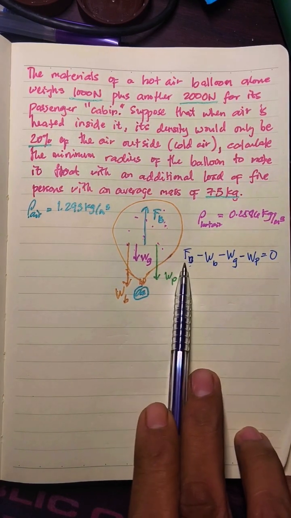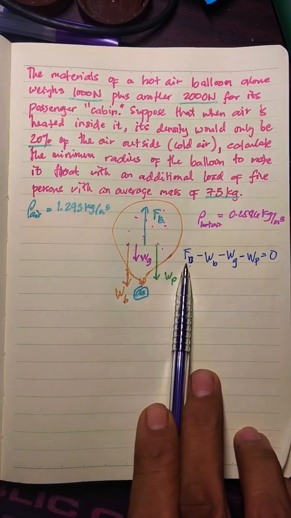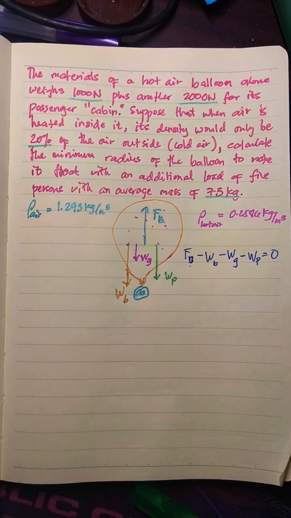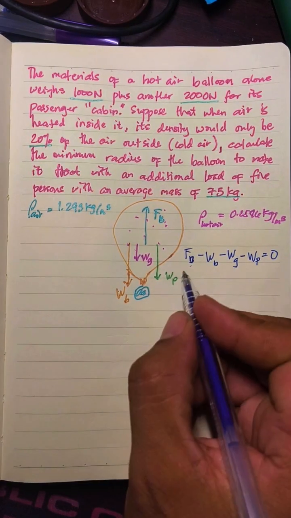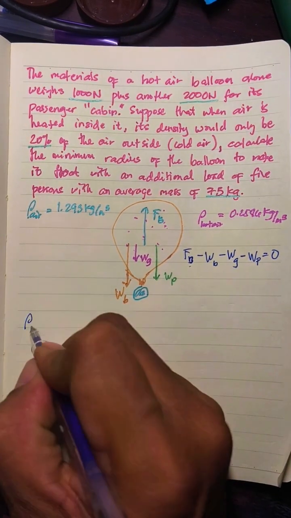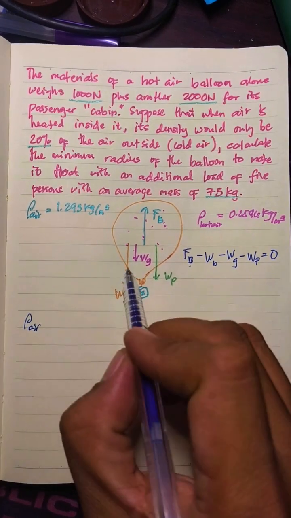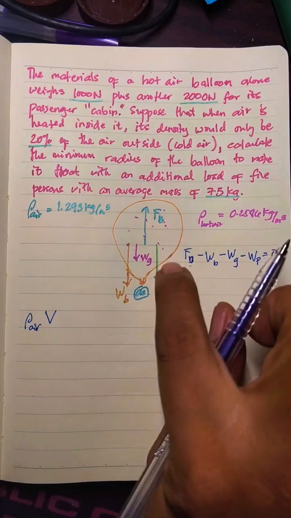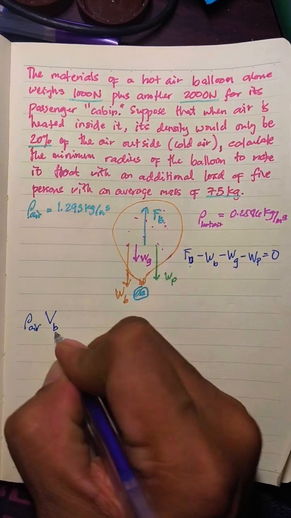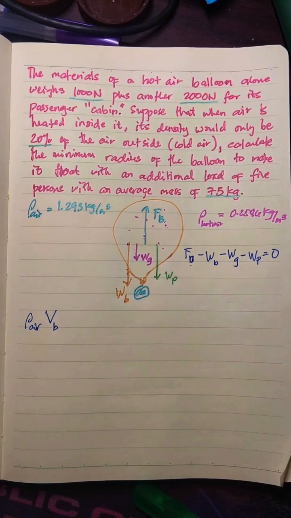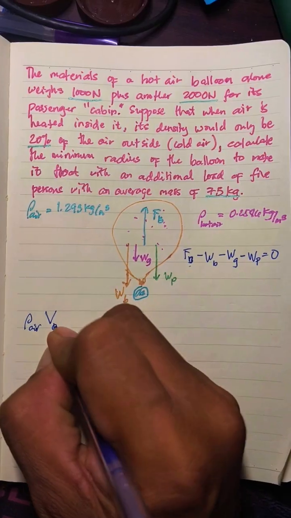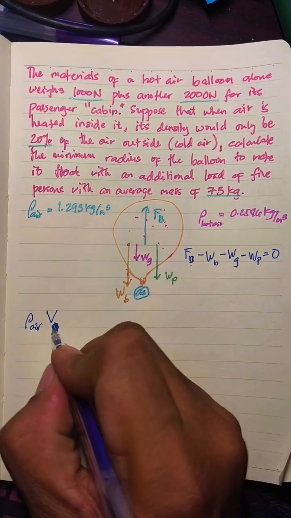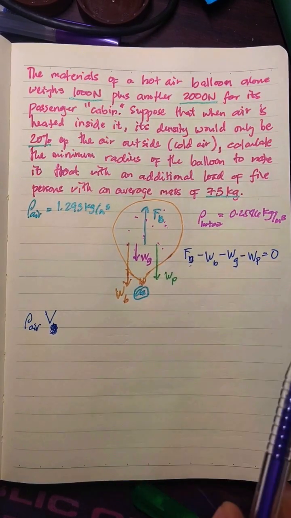What is now the buoyant force? The buoyant force would be equal to the density of air times this volume. We call this the volume of the hot air balloon, VB, the volume of the balloon, or just the gas inside, because I use G here.